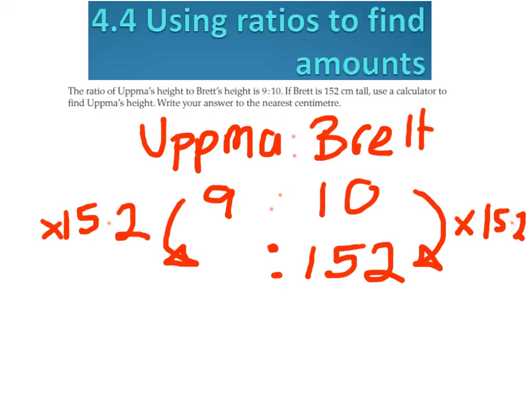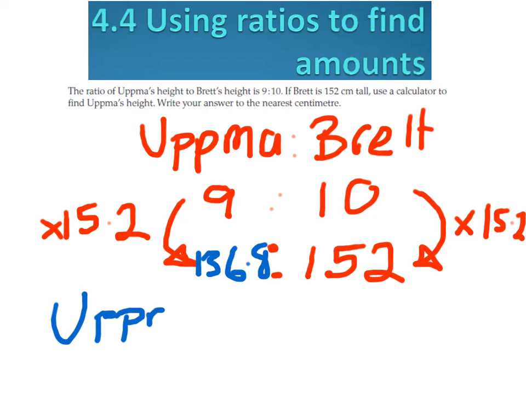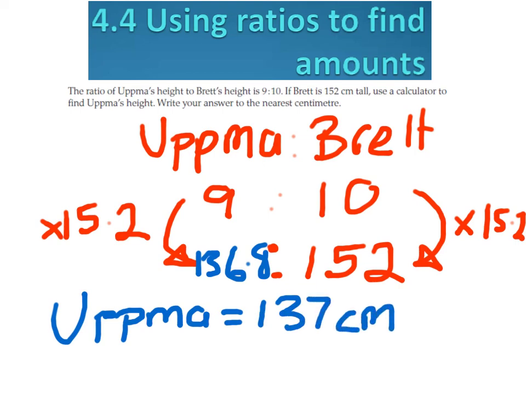So that gives us an answer of 136.8. But the last part of the question asks us to round it to the nearest centimetre. So Upmar is 137 centimetres tall. And that's the end of that tutorial, and hopefully this will help you guys with the test.